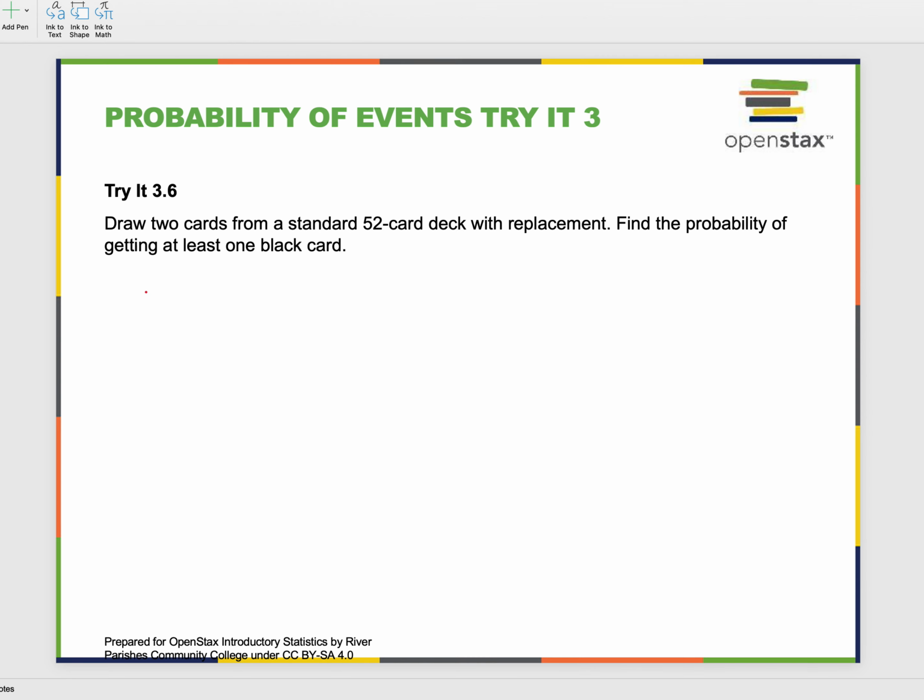I get my set, if I look at it, is black-black, black-red, red-black, red-red. Because each suit has 13 cards. So the blacks are spades and clubs. The reds are diamonds and hearts.